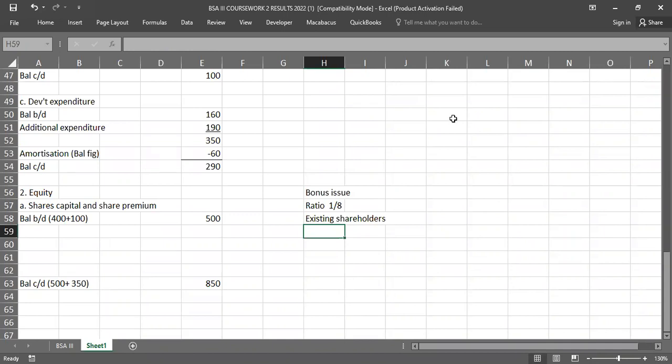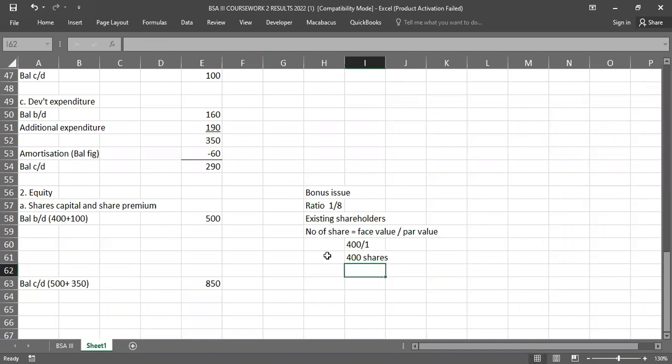To get the number of shares, you take the first value, the book value of the shares, and divide it by the par value of each share. We're given the first value as 400, in thousands of course, and the par value is $1, giving us 400 shares.